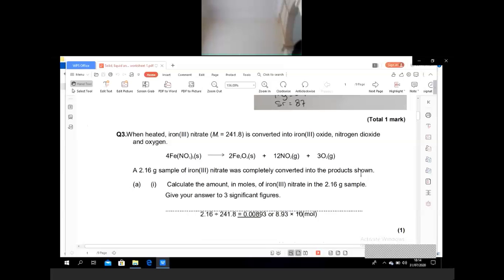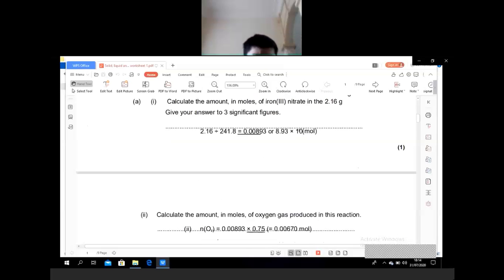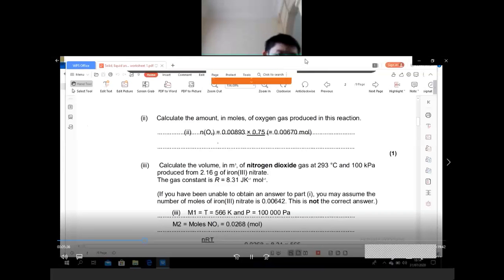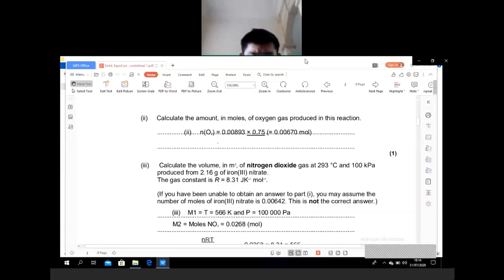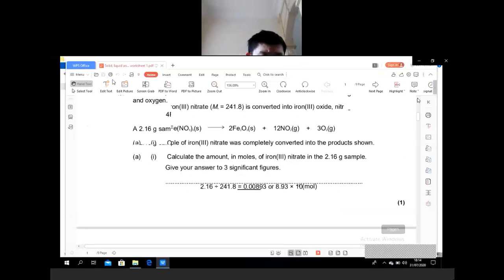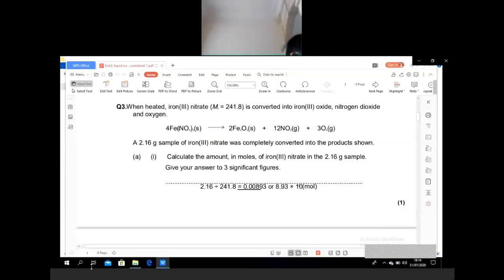We know how to calculate the moles: mass of the sample divided by the molar mass. We get 0.00893 mole. And then the second question, calculate the amount of moles of the oxygen produced. In this reaction, we compare the molar ratio: iron 3 nitrate is 4, while oxygen is 3.